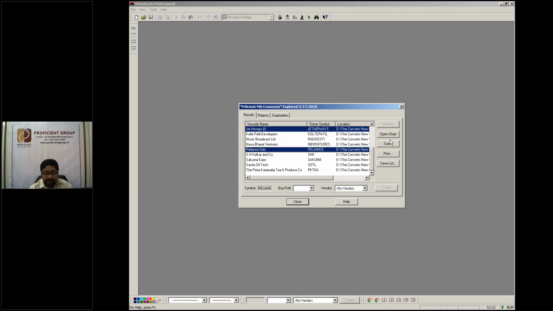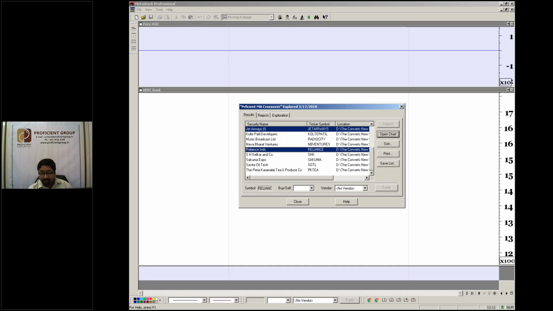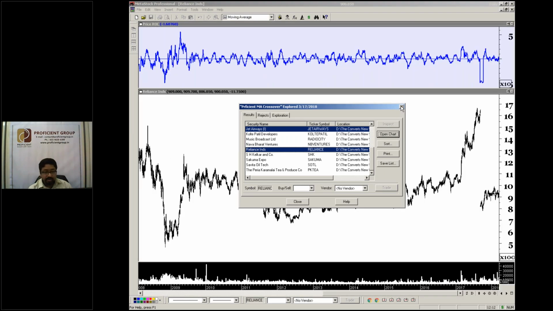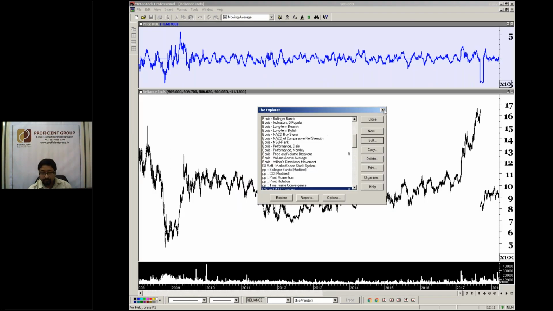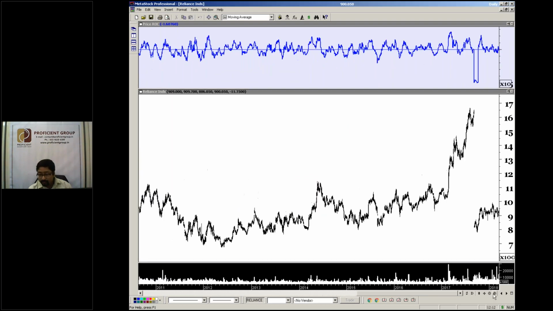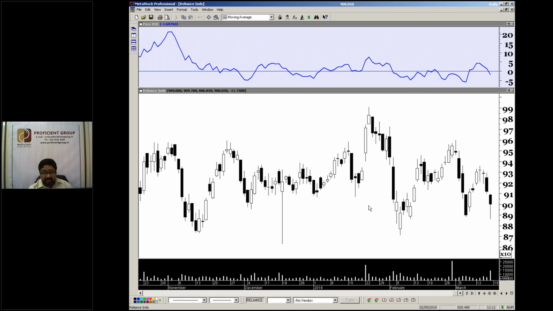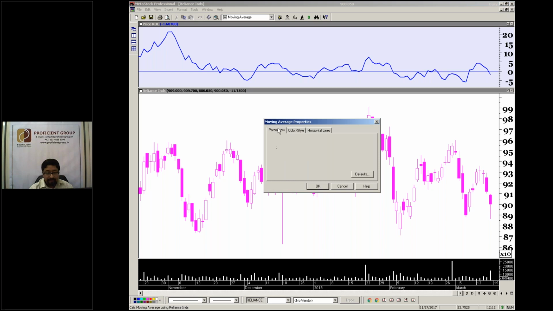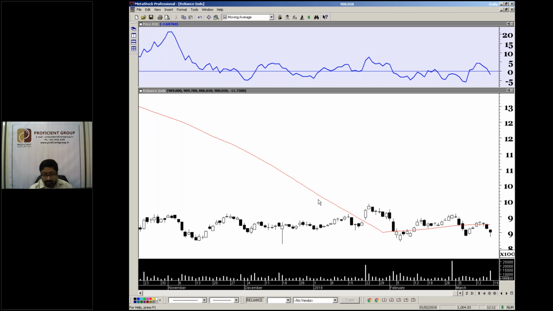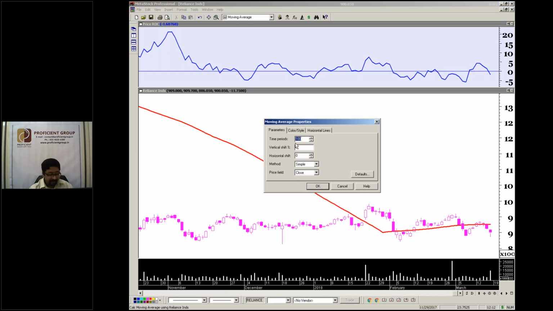Let us open the charts of these stocks and check whether they have really given such a bearish crossover. This is Reliance Industries. I'm plotting the 100-day moving average here, and again the 13-day moving average.